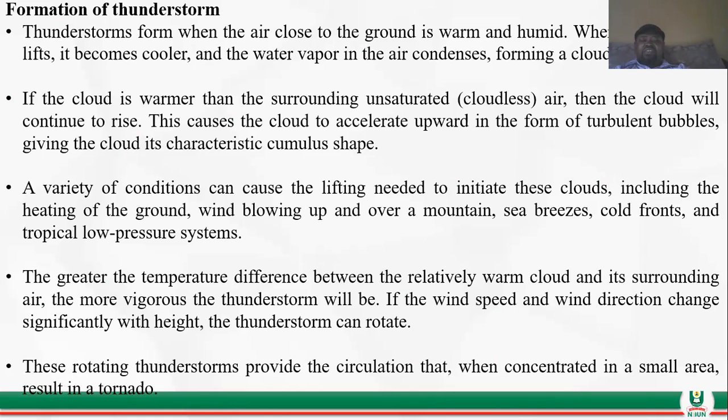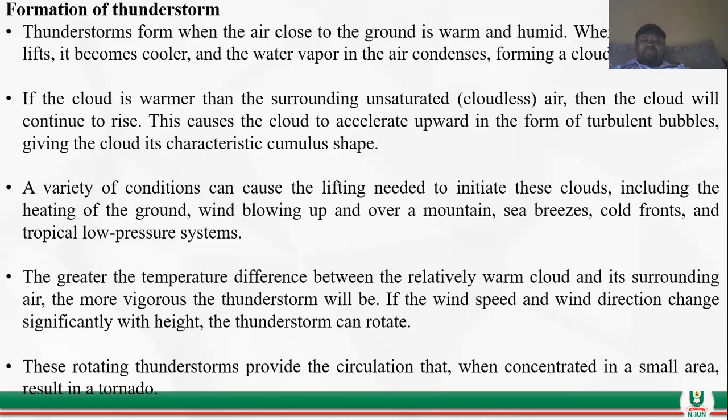A variety of conditions can cause the lifting needed to initiate these clouds, including the heating of the cloud, wind blowing up and over a mountain, sea breezes, cold fronts, and tropical low pressure systems. There are others which you can check on literatures.